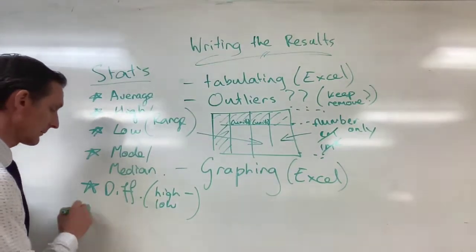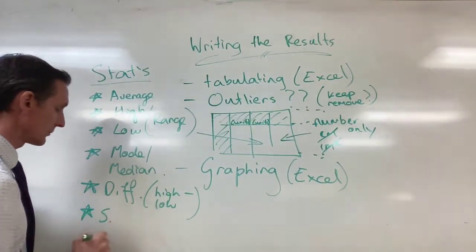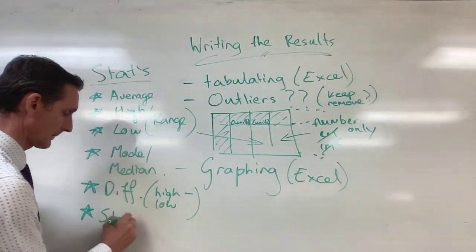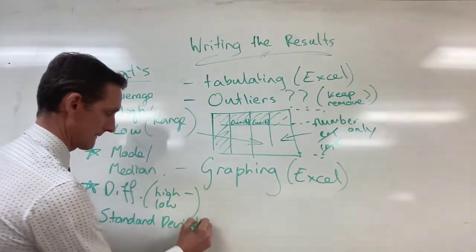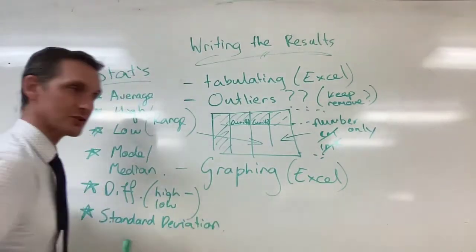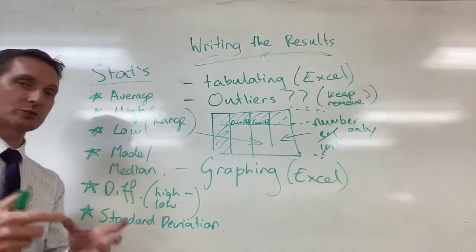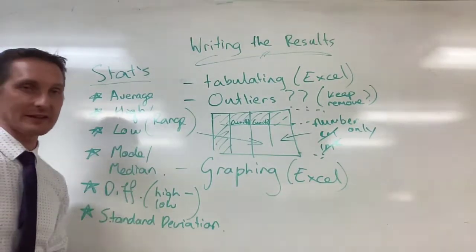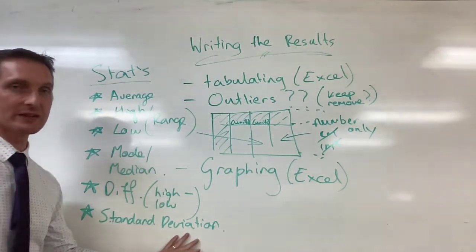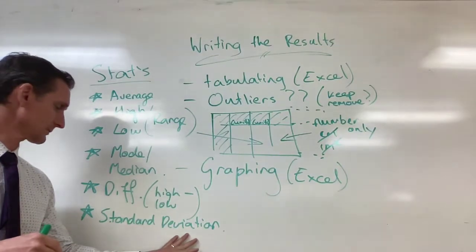Now, a really interesting one would be standard deviation, which shows the range to which we can assume that we can rely on the data that's there. So standard deviation, I know you've done it in maths, and that's an interesting one.